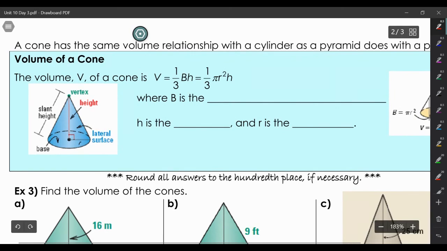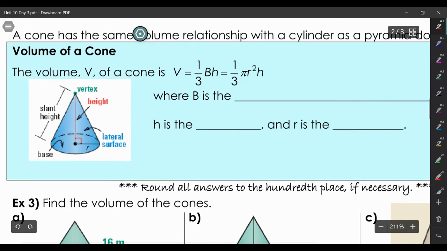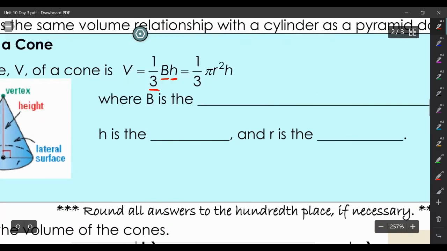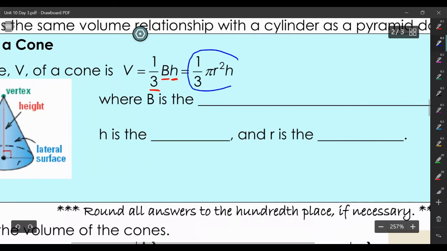Just like with the volume of a pyramid, we can multiply the area of the base times the height and then multiply that by 1/3. However, in a cone, the base is always a circle. I think it would be far more useful to use this formula here.